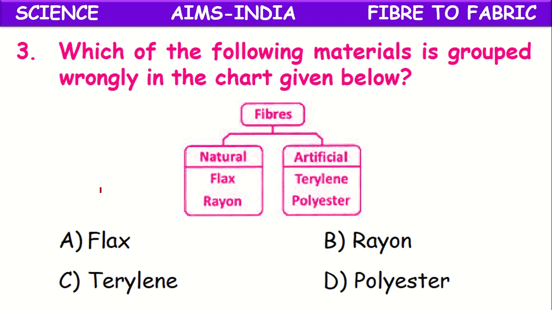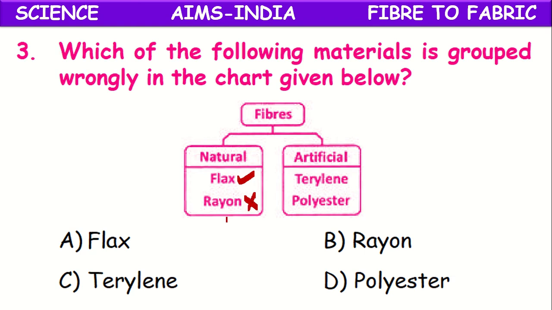Next, which of the following materials is grouped wrongly in the chart given below? See, a chart is mentioned here classifying the fibers into natural and artificial fibers with examples. So, which is wrongly placed among these? Natural fibers, flax, it is correct. Rayon is not a natural fiber, isn't it?